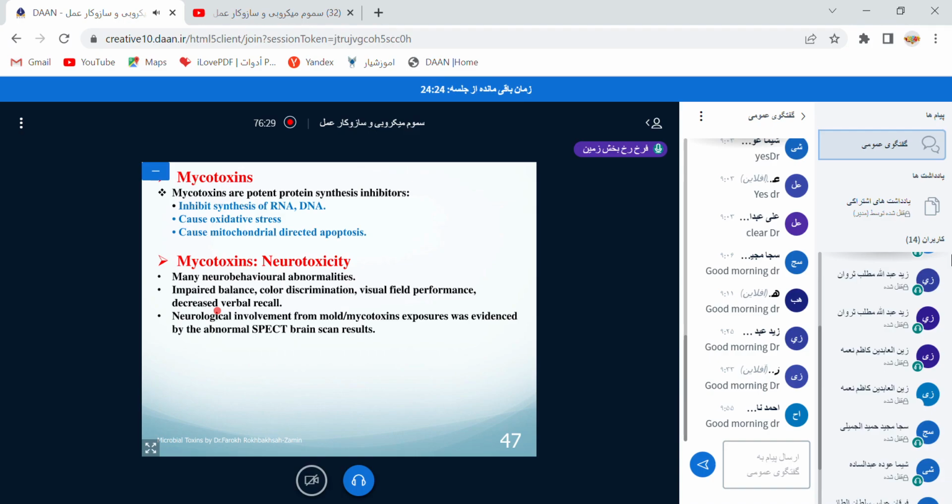So it shows the nervous system of the body is malfunctioning, not working properly. And mostly physicians cannot understand it is related to mycotoxins coming to the body by contaminated food.